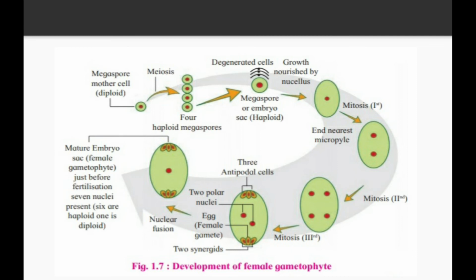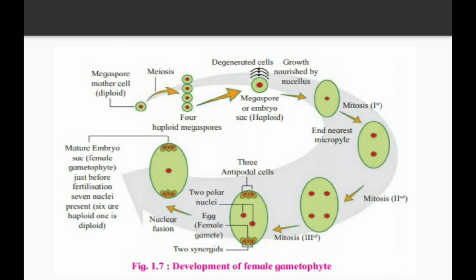In this way, these 8 nuclei have a definite position: 3 antipodal cells towards the chalazal end, 2 synergid cells and 1 egg, that is the egg apparatus, towards the micropylar end, and the remaining 2 nuclei fuse with each other to form the secondary nucleus. In this way, a mature embryo sac is formed.